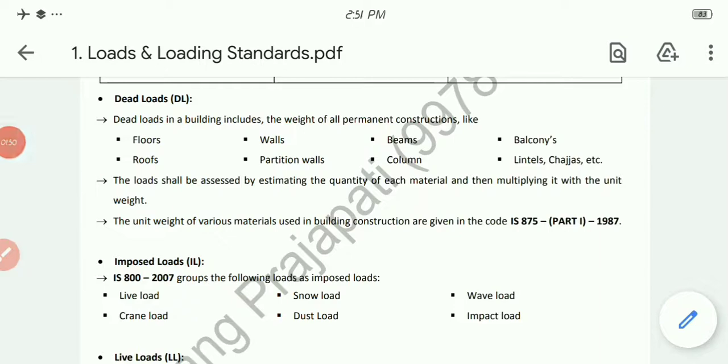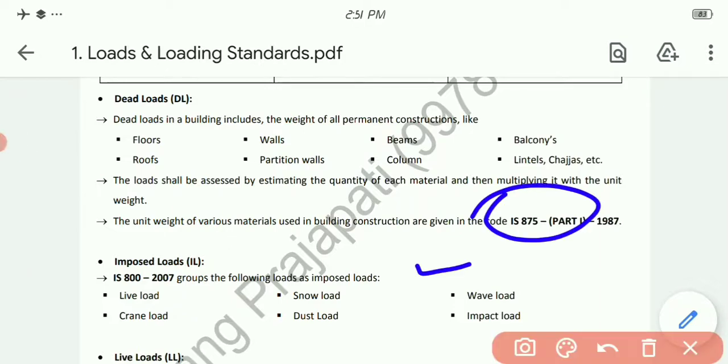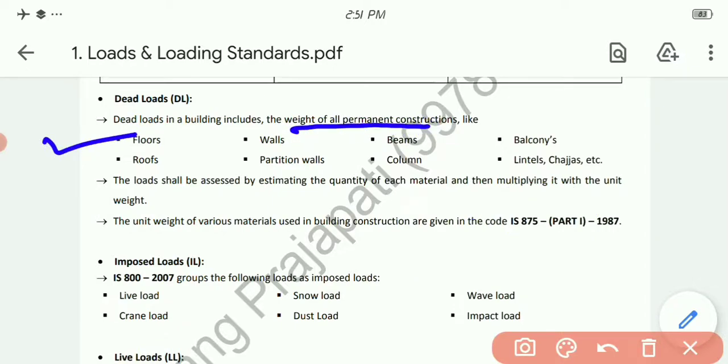So first of all, let's discuss the dead load. Dead load in a building includes the weight of all the permanent constructions like floors, walls, beams, balconies, roof, partition wall, column, lintel, chajja, etc. In simple words, the load of the structure which cannot move from one place to another is known as dead load.